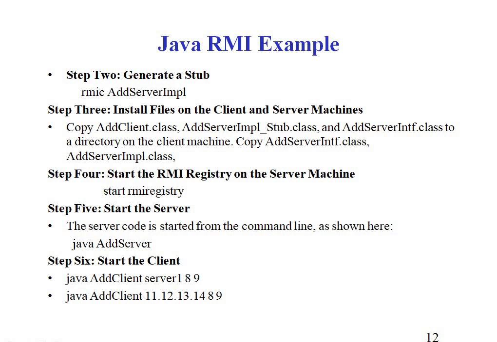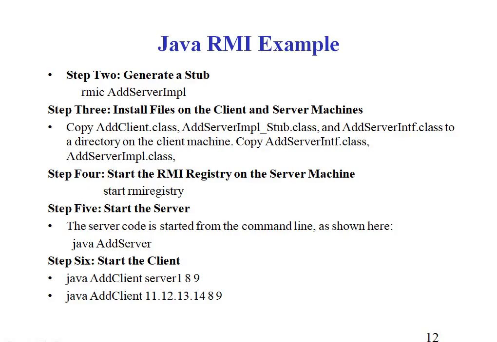Copy AddServerIntf.class, AddServerImpl.class, AddServerImpl_Stub.class and AddServer.class to a directory on the server machine. To generate a stub, you used a tool called the RMI compiler, which is invoked as rmic AddServerImpl.